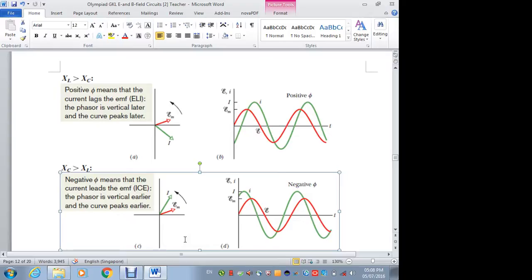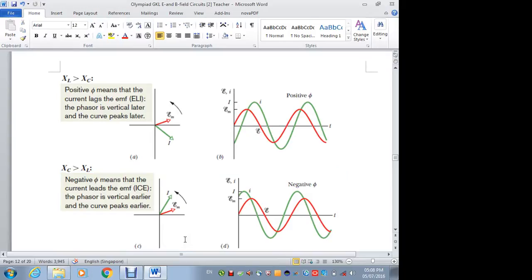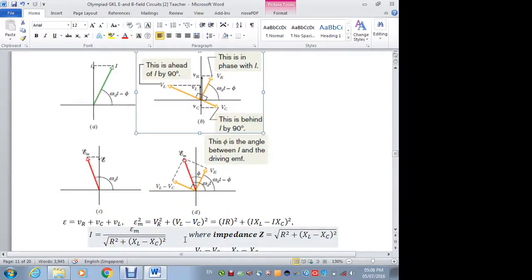Now you refer back to that diagram. I don't have the diagram, so you imagine that VC now is bigger than VL. So the phasor of this one will point this way.